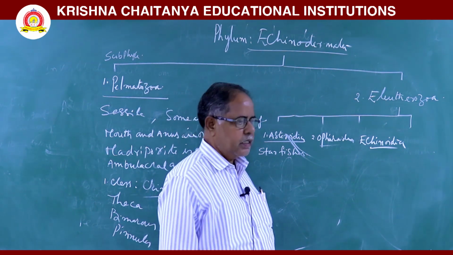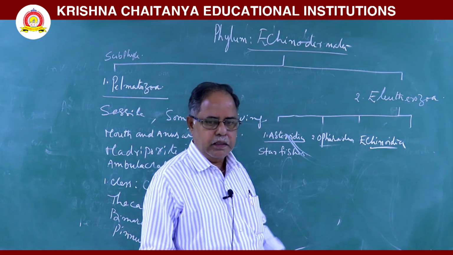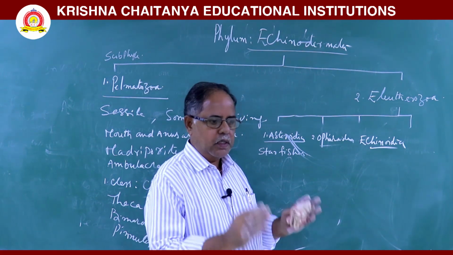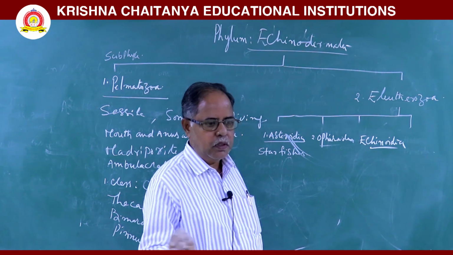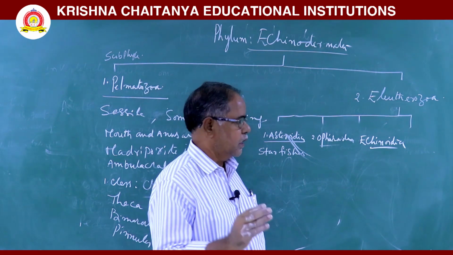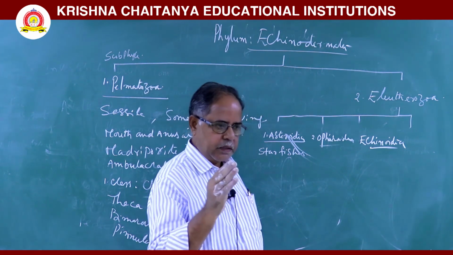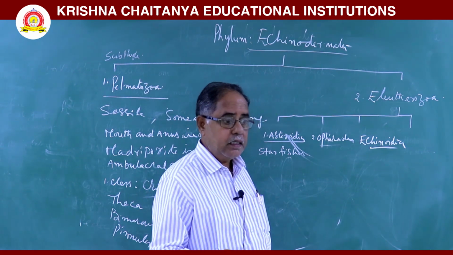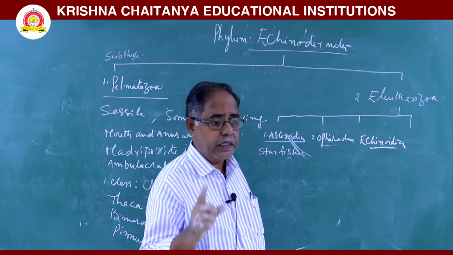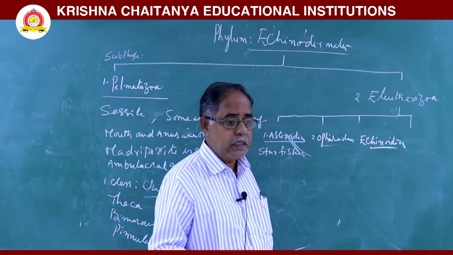Here the body is ovoid or discoid in shape, and on the body movable spines are there. Ambulacral grooves are closed. Tube feet have suckers. Three-jawed pedicellariae are there.